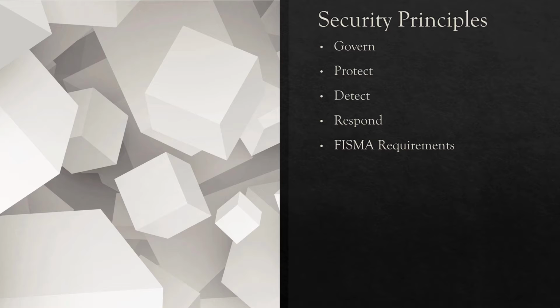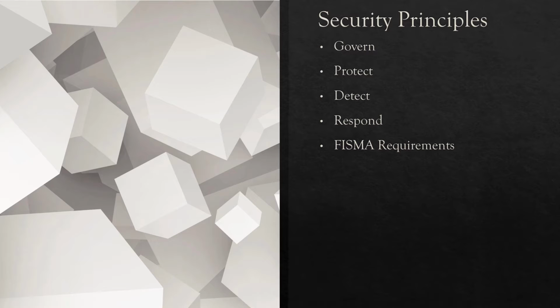The Federal Information Security Modernization Act, FISMA, requires government agencies to implement an information security program that effectively manages risk. The National Institute of Standards and Technology, called the NIST, is a non-regulatory agency that has issued specific guidelines for complying with FISMA.